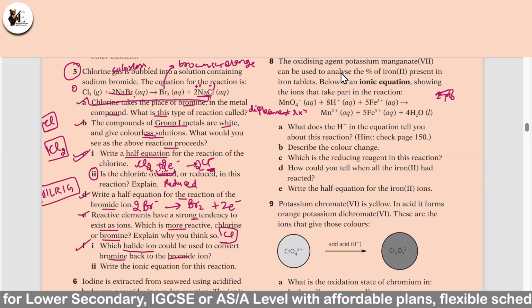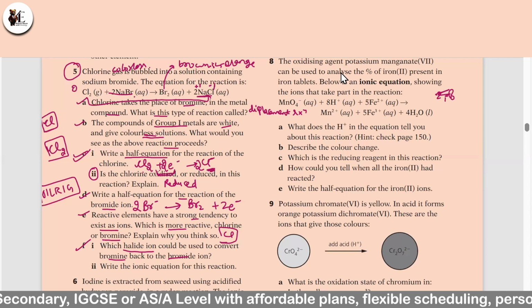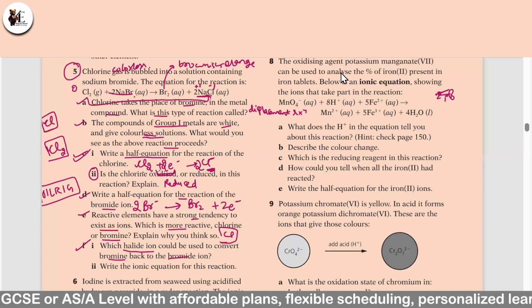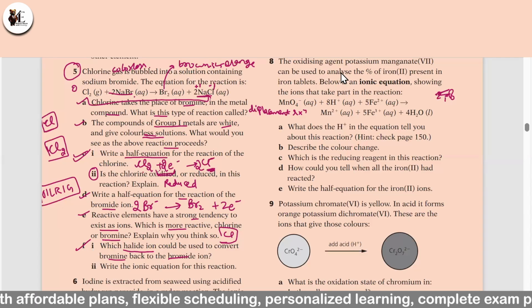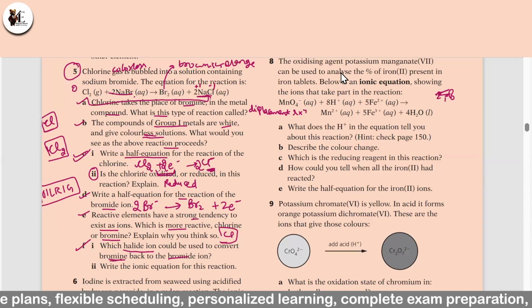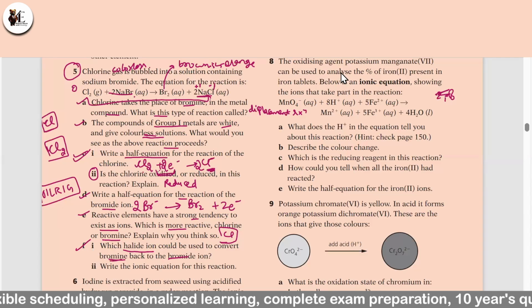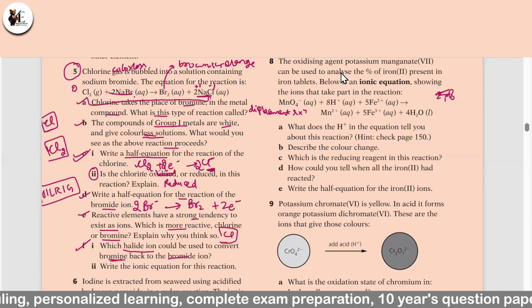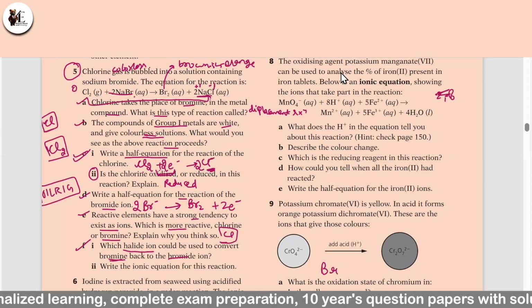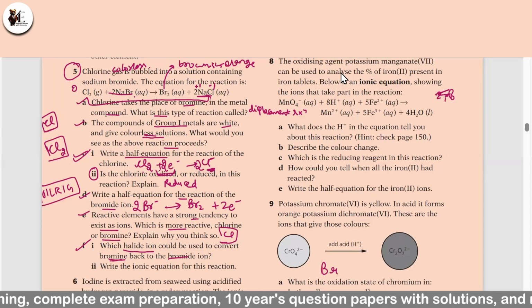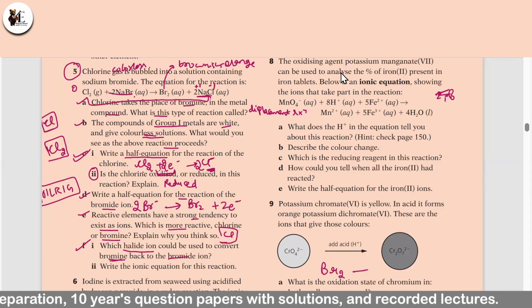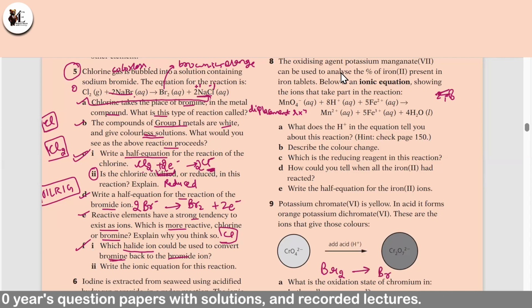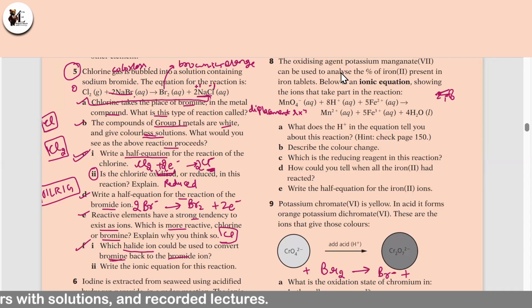You have to convert bromine back to the bromide ion, Br minus. So which halide ion is used here?